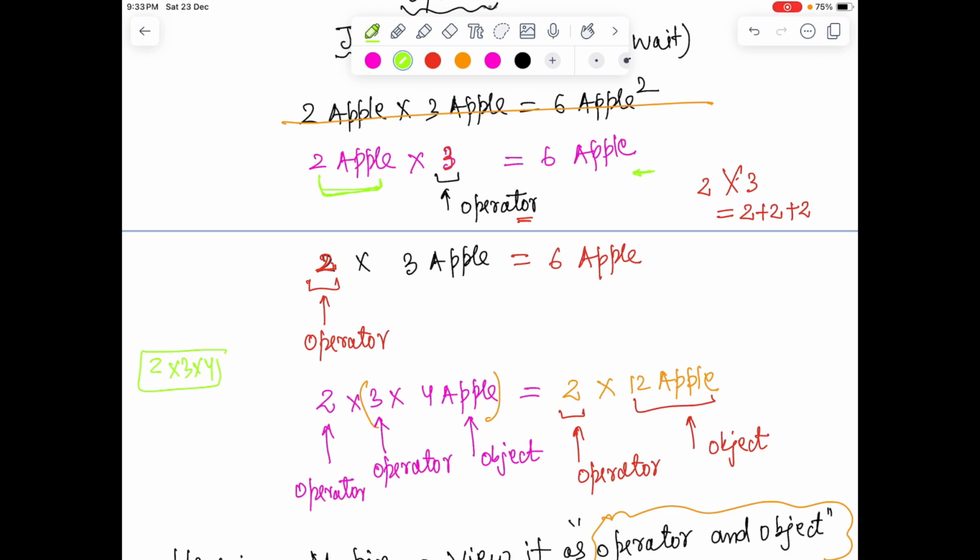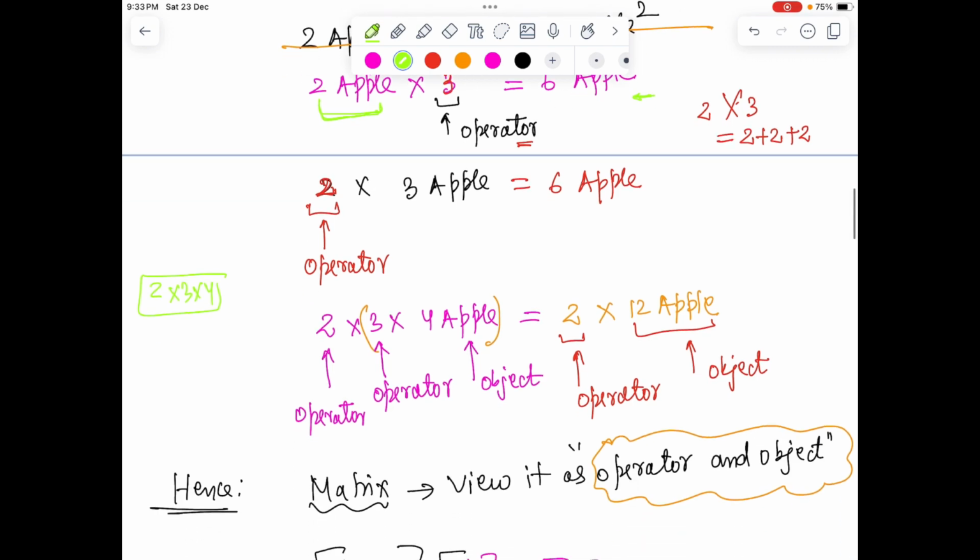If I use the associative property of numbers, which I'm tempted to use, imagine even if there were no associative property, still I would be tempted to follow my basic principle of counting and write 3 into 4 apple as 4 apple interacting with operator 3, which gives 12 apple. And again we have a second operator 2, which operates on 12 apples to produce 24 apples. So far so good. It makes sense.